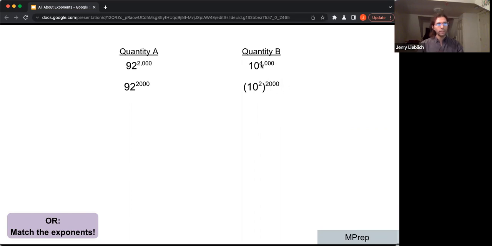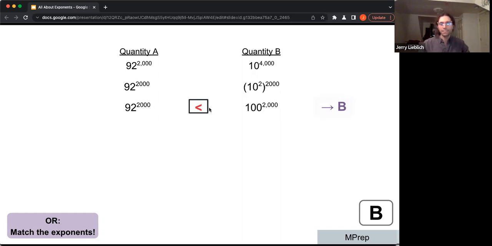And I asked, what do I need to do to this to get there? I would divide it by 2, which would mean putting it inside parentheses there. Now I activate this 10 squared, call it 100. So easy now. I know 100 is bigger than 92. They're both to the same power, so I can make my comparison.